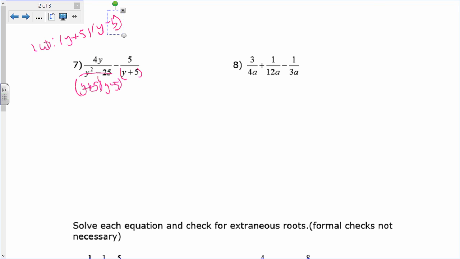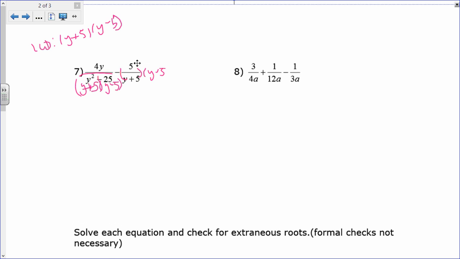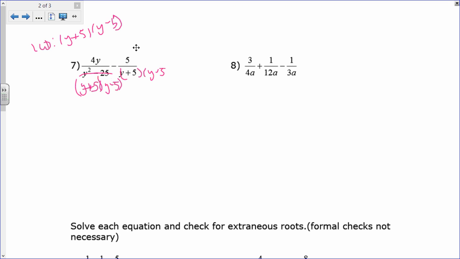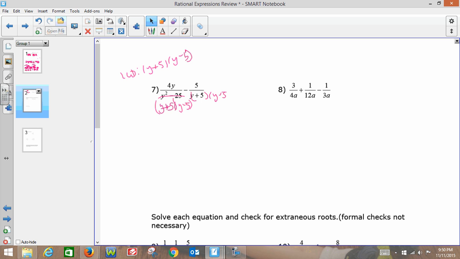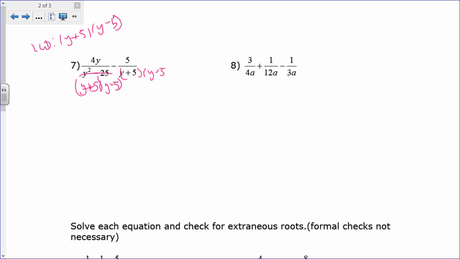And my second fraction here is just missing the y minus 5. So I need to multiply the top by y minus 5. So I'll have 4y and then minus 5 times y minus 5 all over y plus 5, y minus 5.